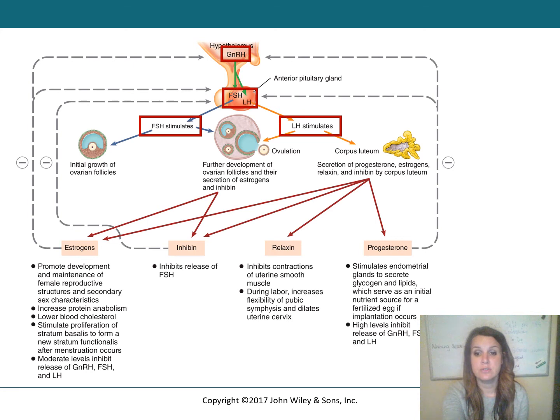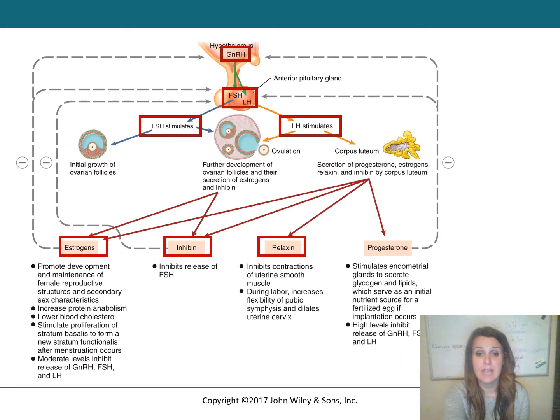So let's look at all the different hormones that are secreted from the follicles and the corpus luteum. We have estrogen that is secreted, and it promotes development and maintenance of female reproductive structures. We have inhibin that actually has a negative feedback and inhibits the release of FSH.